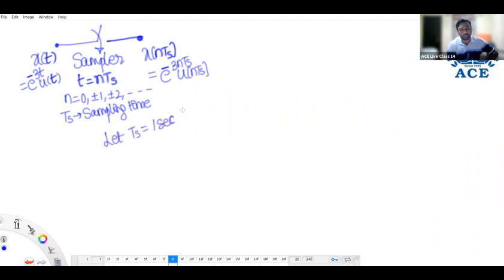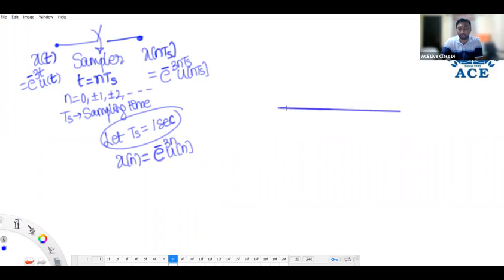For verification purpose, I am assuming sampling time as 1 second. x of n is e power minus 3n u of n. Listen, sir. I'll give 2 minutes for you to note down this point.